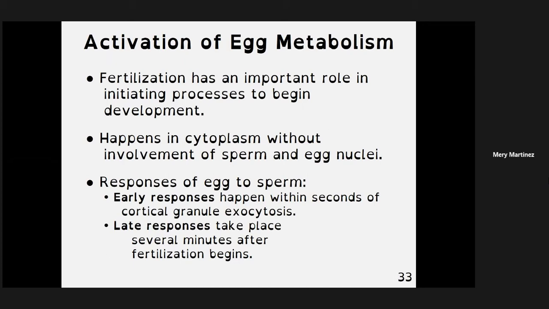So the sperm activation is a stimulus that sets into action the pre-programmed set of metabolic events that are required for the formation of the embryo. So the response of the egg to the sperm can be divided into early responses that happen within seconds of the cortical granule exocytosis. And we also have a late response, and this late response takes place several minutes after the fertilization had begun.